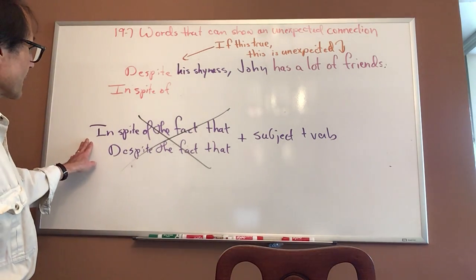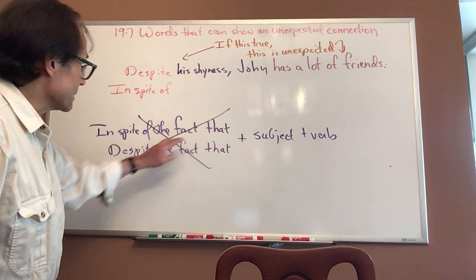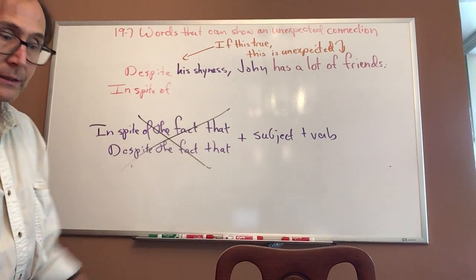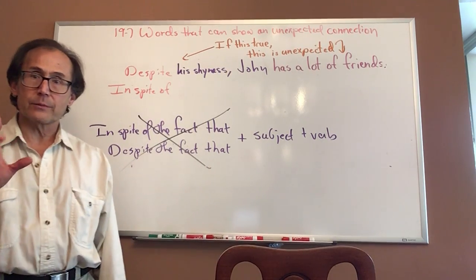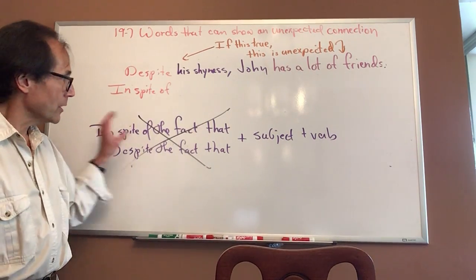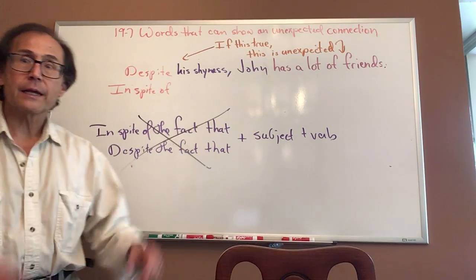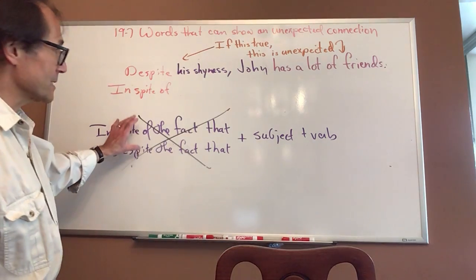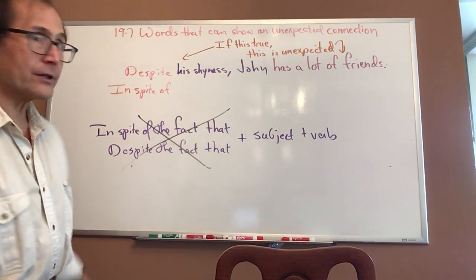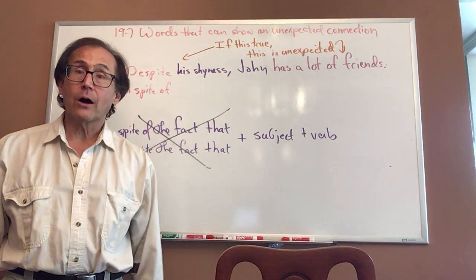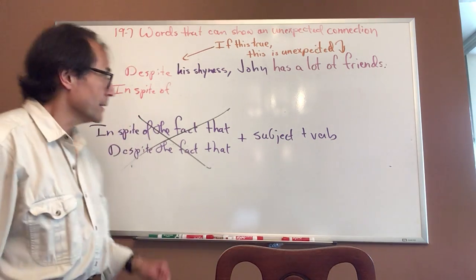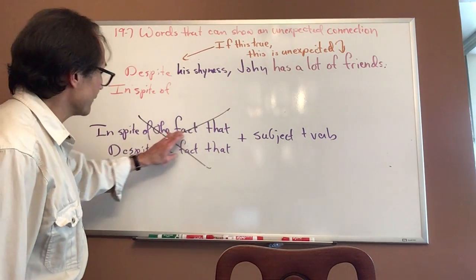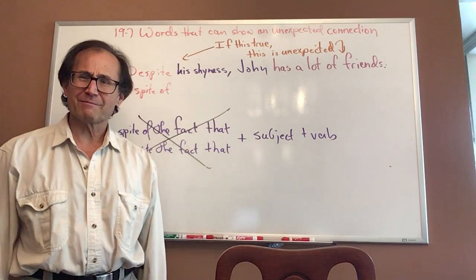Here, in spite of the fact that, and despite the fact that, you'll hear Americans say them, but really, all you need to say here is even though, or although. They mean the same as these. And even though has two words, although is one word, and this is 1, 2, 3, 4, 5, 6 words.